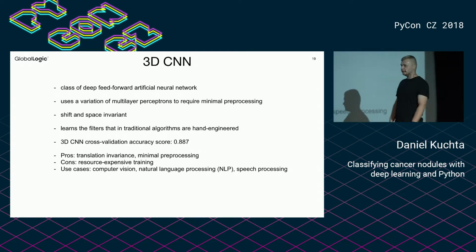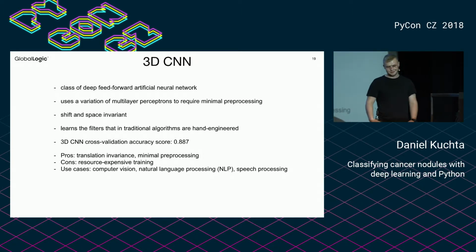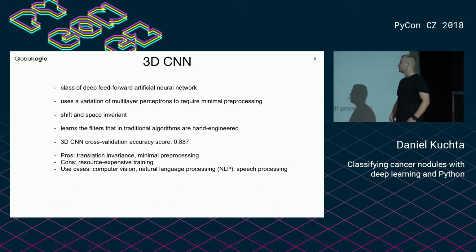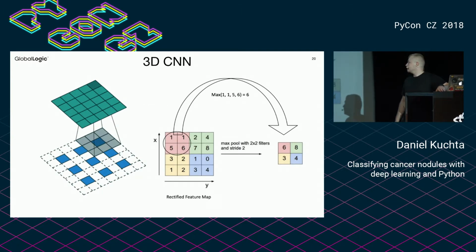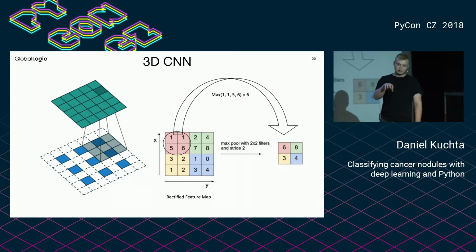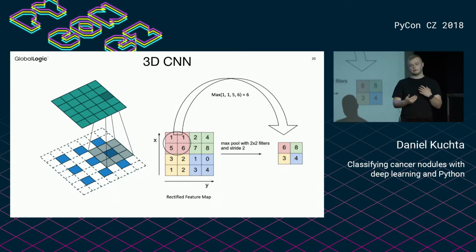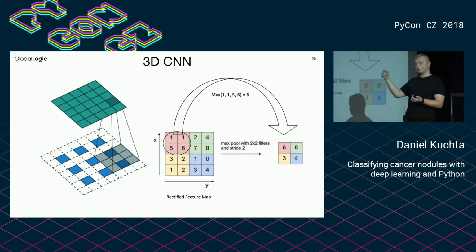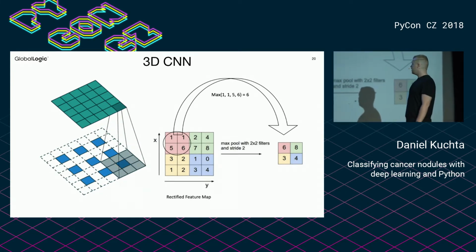A much more interesting and maybe resource-intensive approach was using a 3D convolutional network. This works a little bit differently from the standard network. It uses a kernel to go through the image data and apply filters to it to learn abstract representations in the deeper layers of the network.